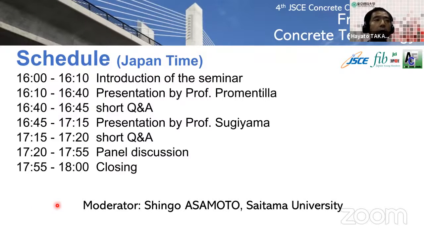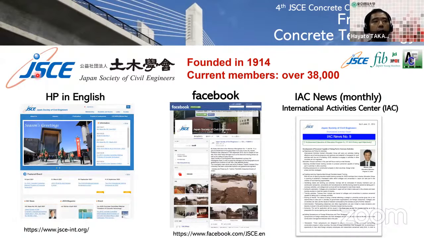At first, I will introduce the host of this webinar, JSCE, the Japan Society of Civil Engineers. This is one of Japan's biggest associations for civil engineers, including researchers and technicians.